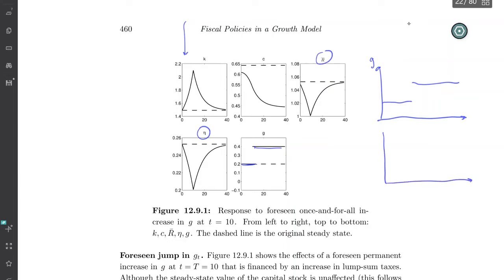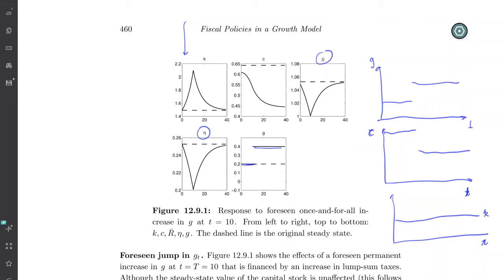That's time. Keep capital, don't do anything to capital. Keep consumption constant like this. And then have consumption jump down. And have capital just stay at the steady state. That's all feasible. Convince yourself of that. That's all feasible, but that does not happen.